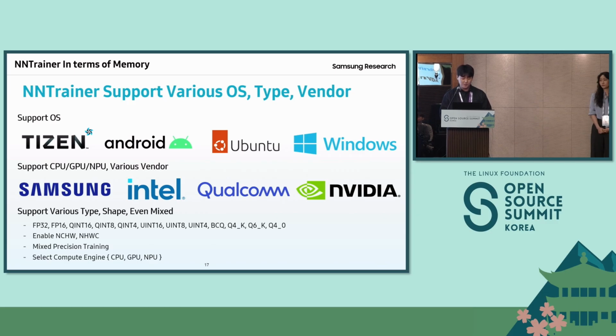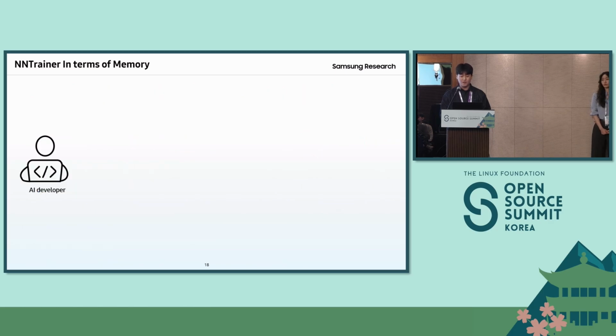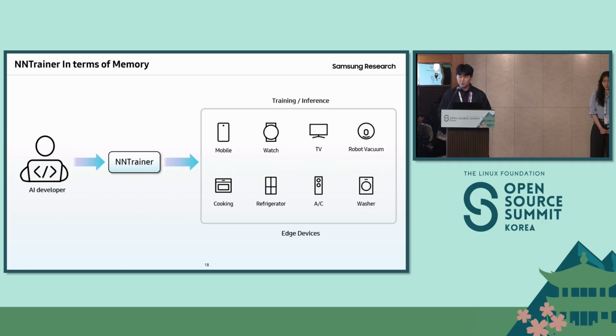With this feature, developers can run models with heterogeneous computing that maximizes the use of device resources. So, NNTrainer is a framework designed to ease development of AI models targeting edge devices. We aim to provide an optimized model serving experience in memory-constrained environments without requiring developers to consider hardware specifics. Not only in mobile environments, but also in low-performance edge devices like home appliances.